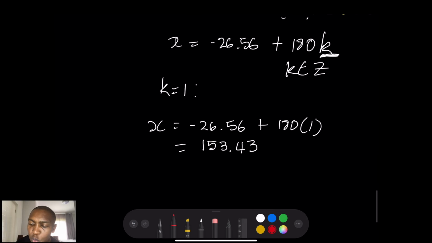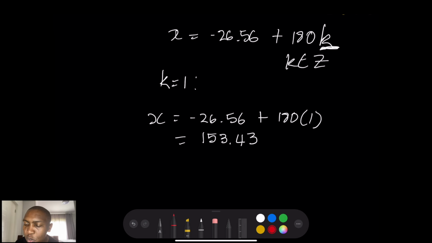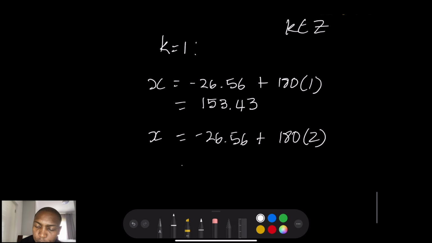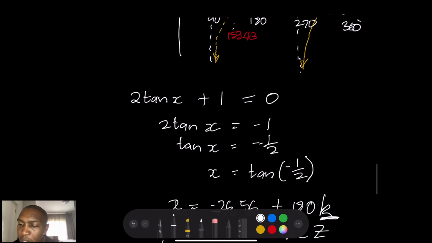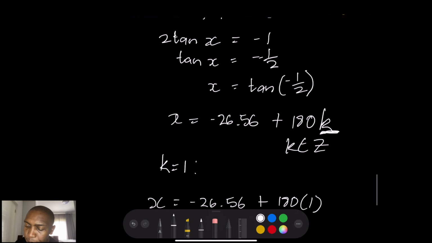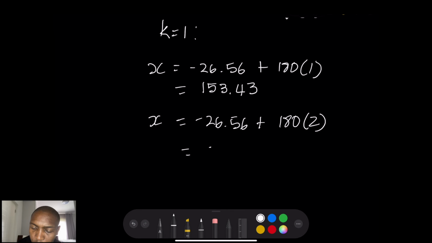But you can do the same. I'm not going to substitute negative values for k. Another one would be where we substitute 2 for k. So that's minus 26.56 plus 180 multiplied by 2. I get a value of 333.43.